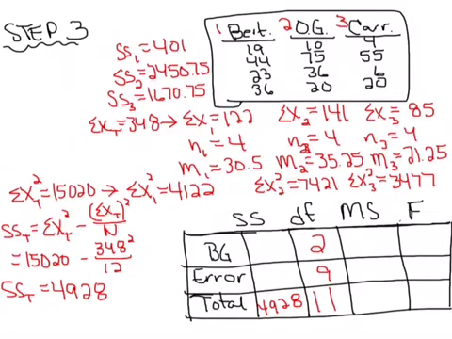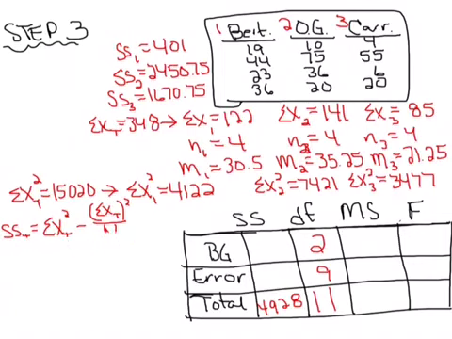So now we can move on to the next calculations. I'm going to erase this so that I can have some area to work with. The next thing that I typically work on is the sums of squares error.